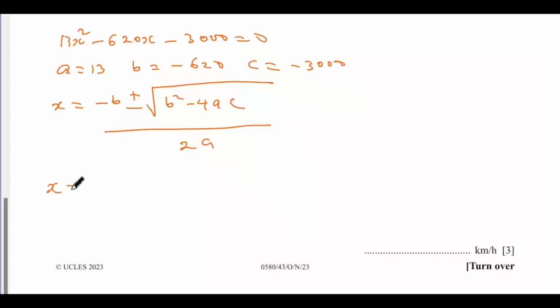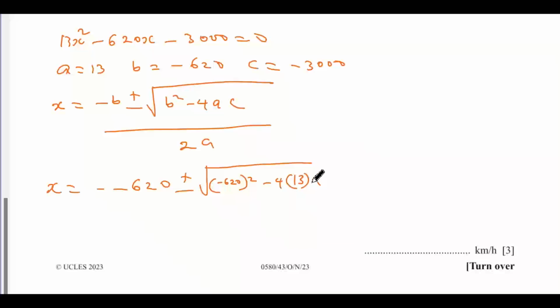So x will be equals to minus 620 plus or minus square root of minus 620 squared, then minus 4 into 13 into c. The value of c is minus 3000, then everything over 2 into 13.